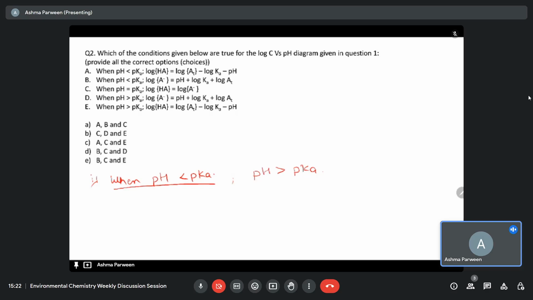So we know that we can write the concentration of overall acid as the sum of the concentration of the deprotonated form and the protonated form, and we can write these in terms of alpha and At.